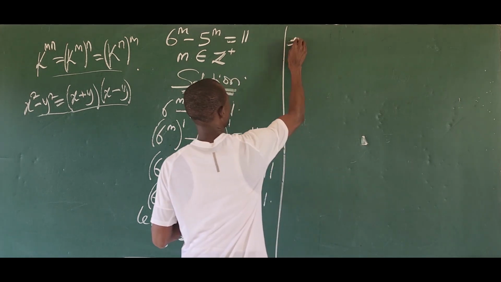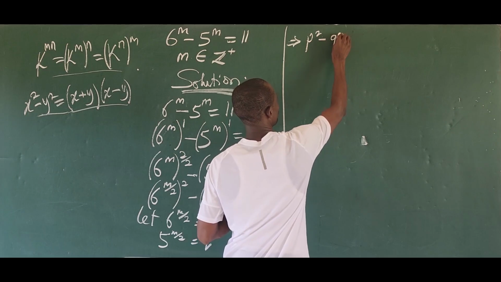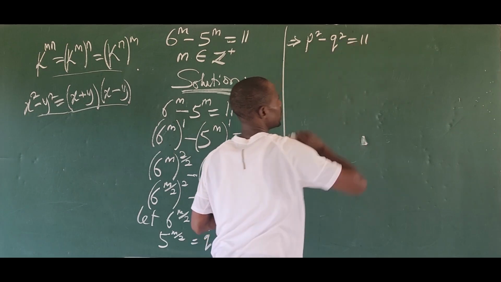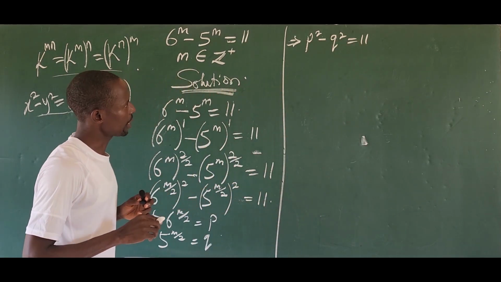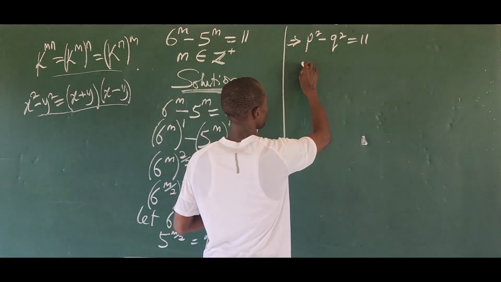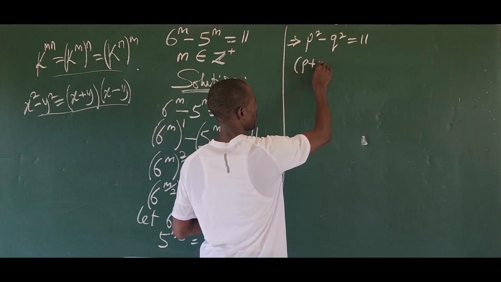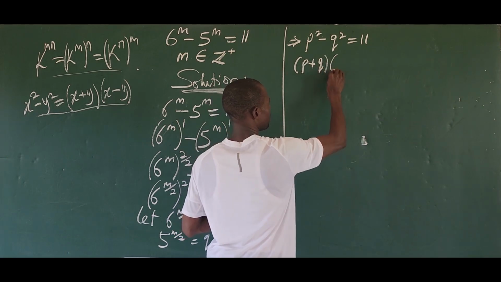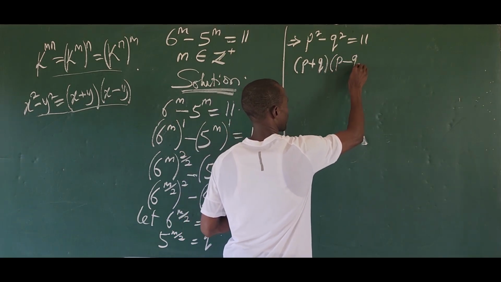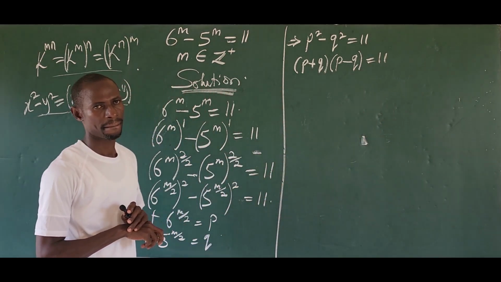So this now implies that p to the power of 2 minus q to the power of 2 is equal to 11. So what we do next is to go ahead and apply this rule here. So if we apply this rule, we're going to have (p plus q)(p minus q) is equal to 11.